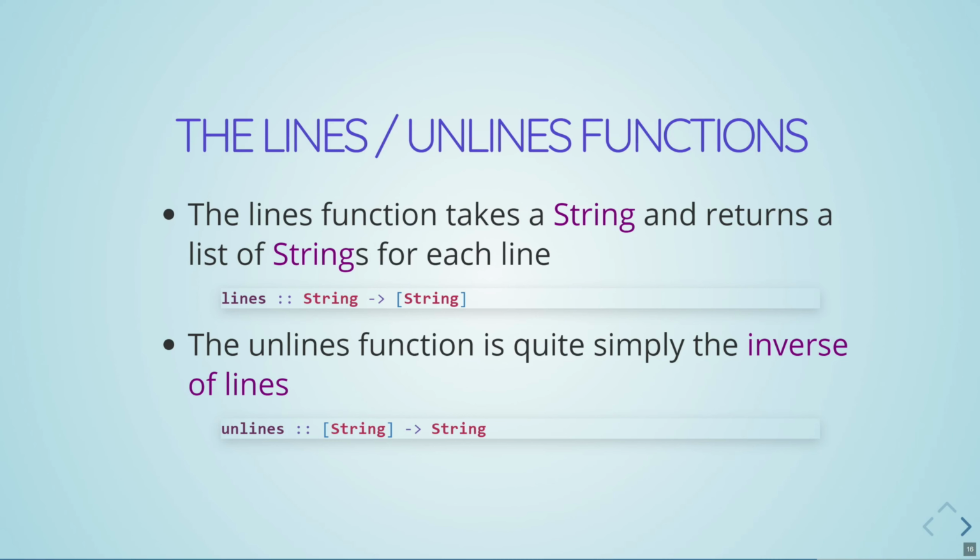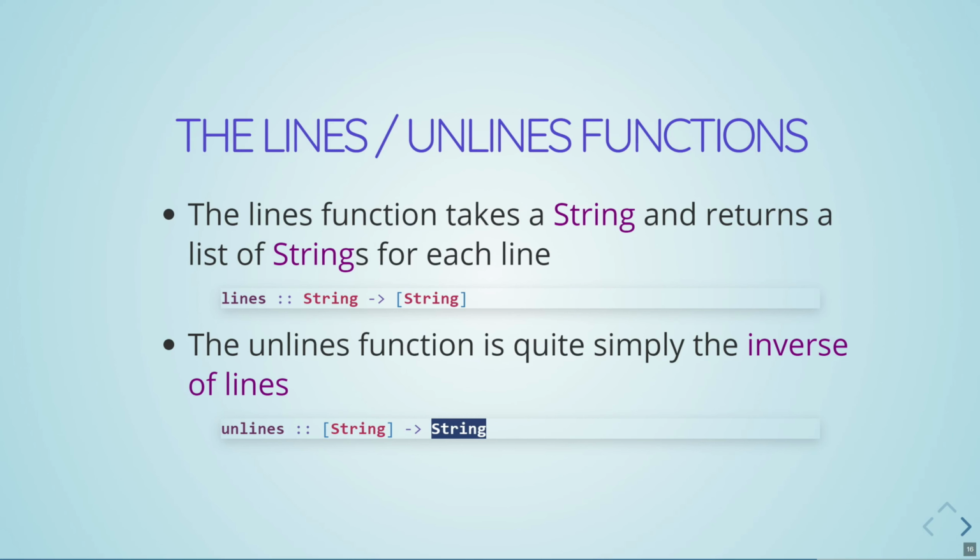To do that, you would call the function lines on that string, and it would separate that string into a list of strings based on the new line characters. Whenever it sees a new line character, it would break them up and make them into separate strings. And the inverse of this function is the unlines function that takes a list of strings and turns them into one big string with new line characters.